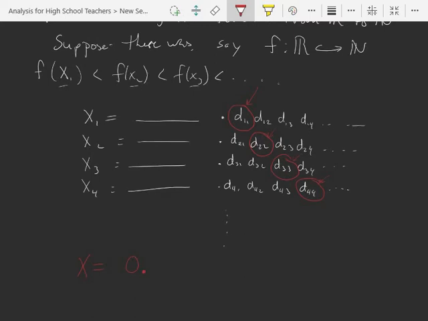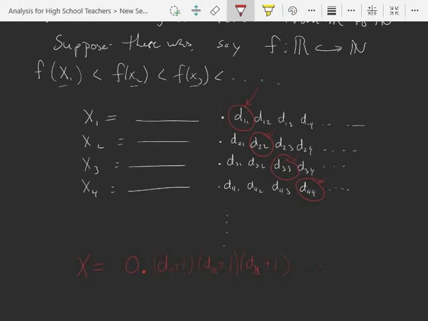I'm going to take D11 and add 1 to it. And then D22 and add 1 to it. And D33 and add 1 to it, and so on.